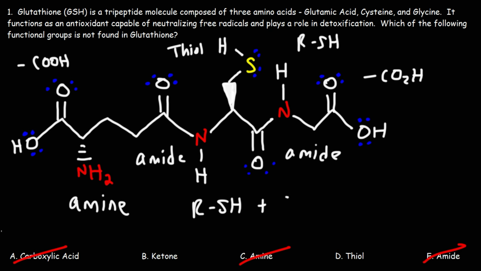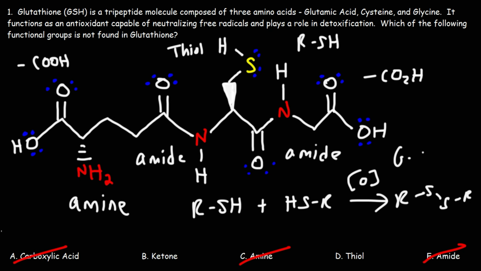When 2 thiols get together and are oxidized, they form a disulfide bridge. So this is the oxidized state of glutathione, and this is the reduced state of glutathione. So that's a thiol, which means we can eliminate answer choice D.